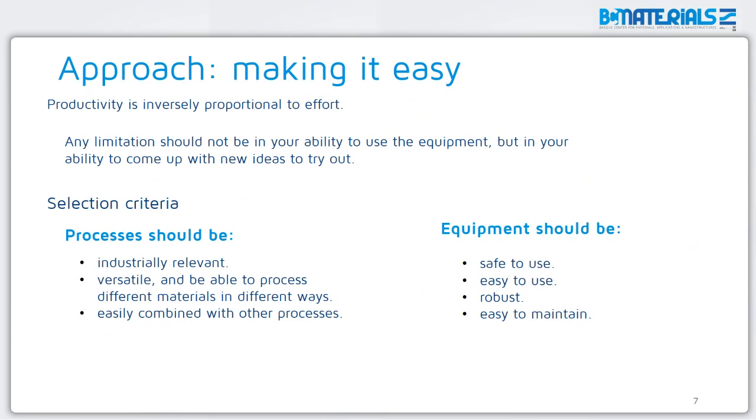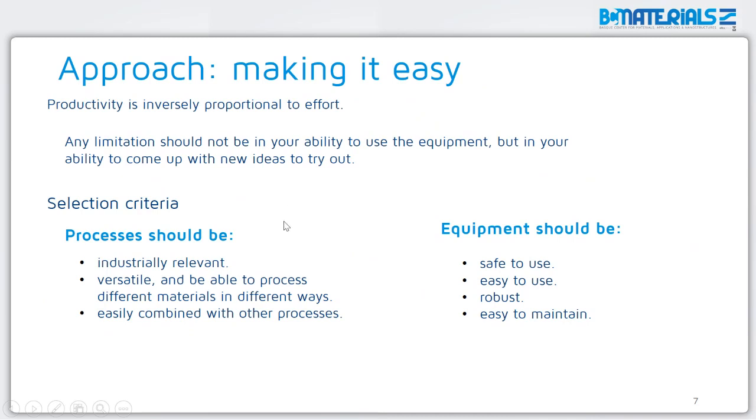Particularly in a setting where, as in our case, most of us are chemists, and we're not trained as engineers. So what I try to do is find small scale versions of the real thing.